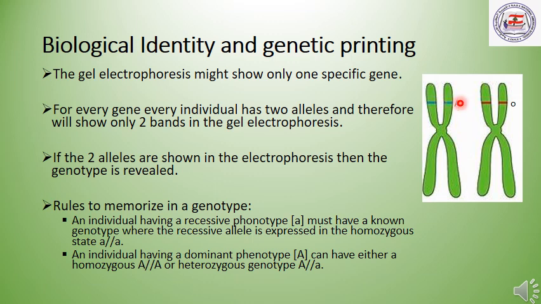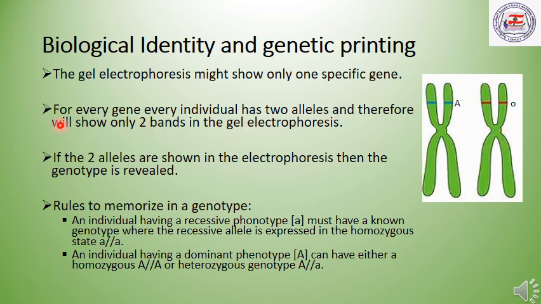And since we have only 2 alleles for every gene in our body, as shown in the next document, you can see that we have a pair of homologous chromosomes, and at a specific location we have one specific gene that is expressing the A allele on one of the chromosomes that can be maternal, for example, and the other chromosome is expressing the allele O, which is, for example, considered a paternal chromosome coming from the father.